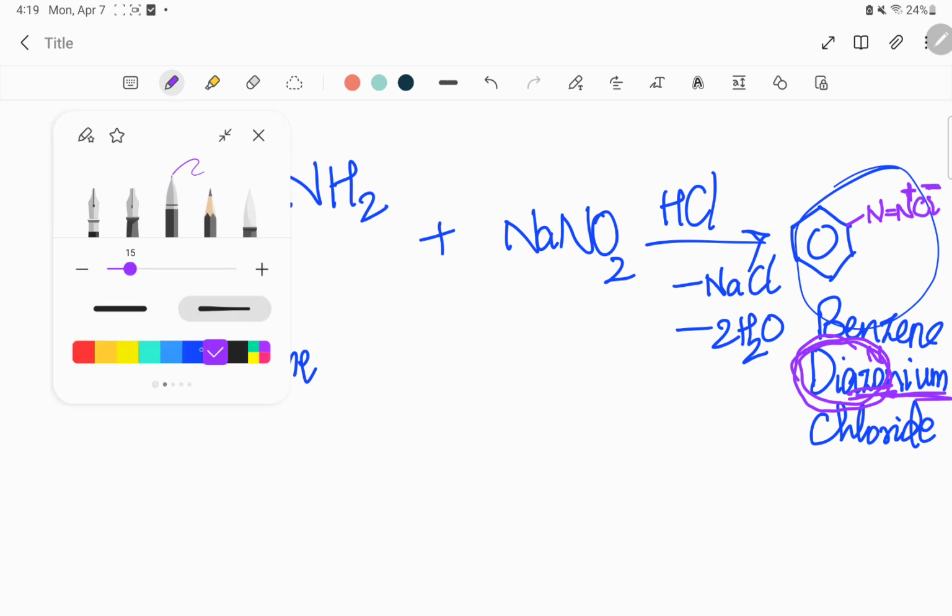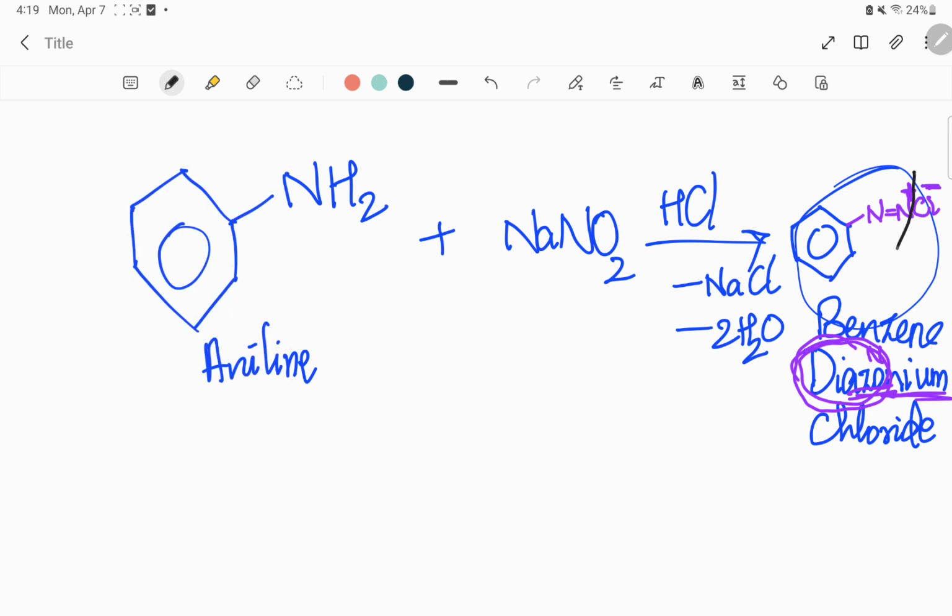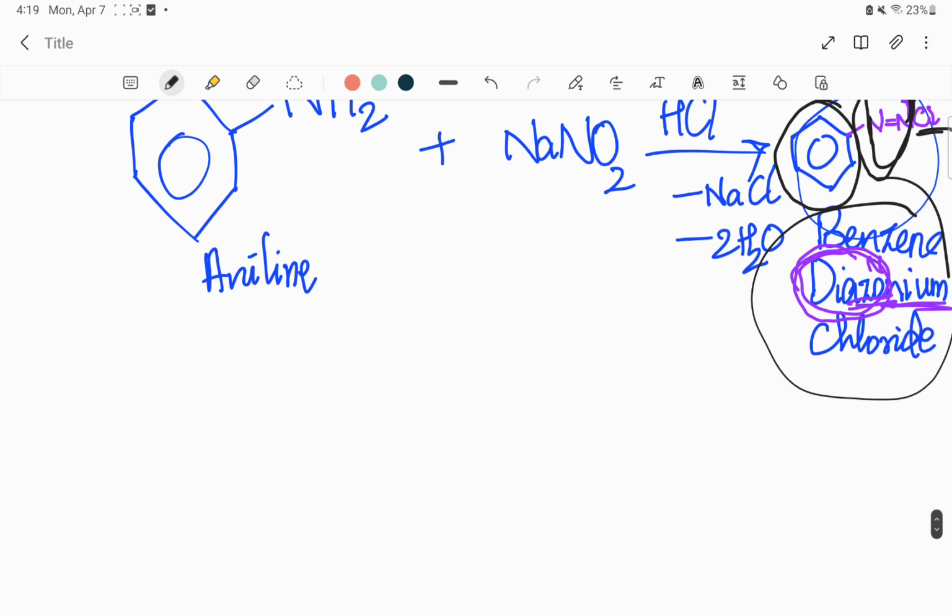Because of this ionic bond, this group is a diazonium group, and the diazonium group is attached to benzene, and also the anion is chloride. So as a result, the name is benzene diazonium chloride. Now this is the first step.